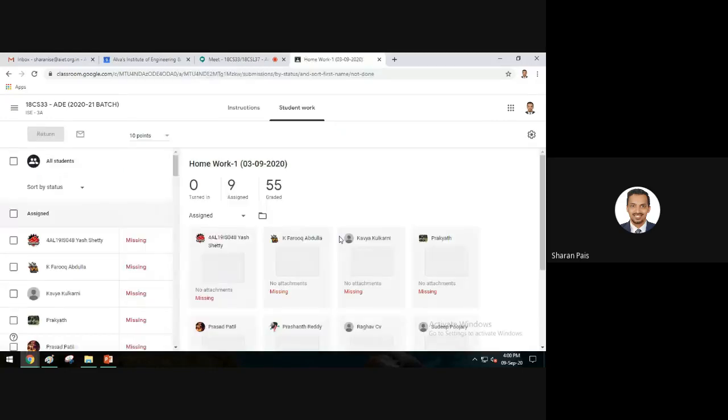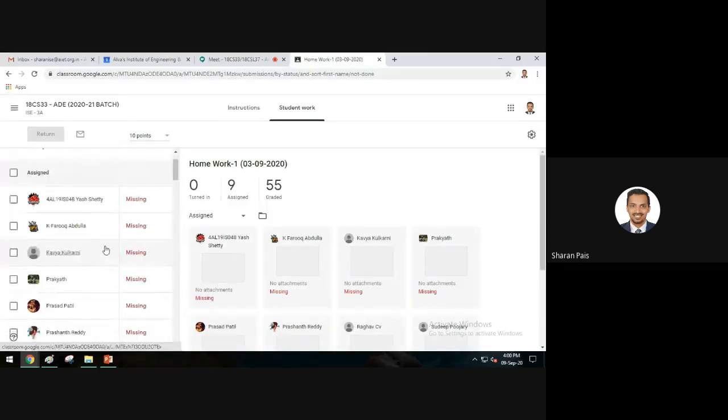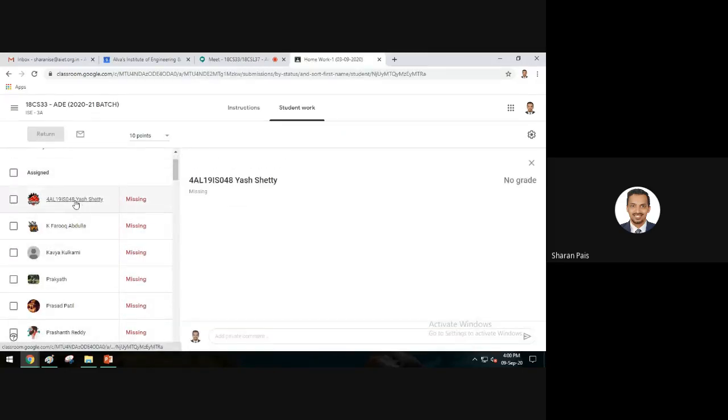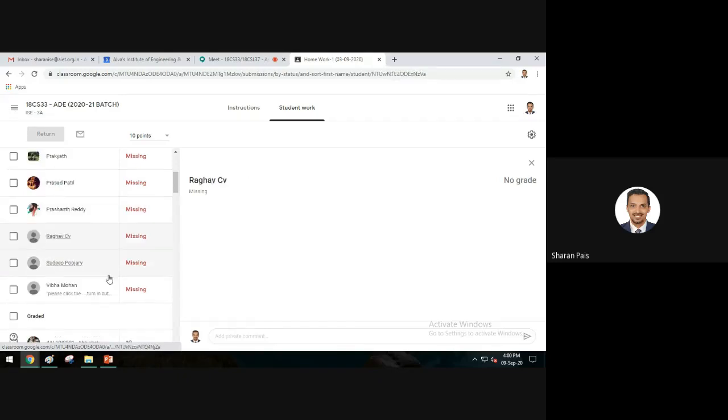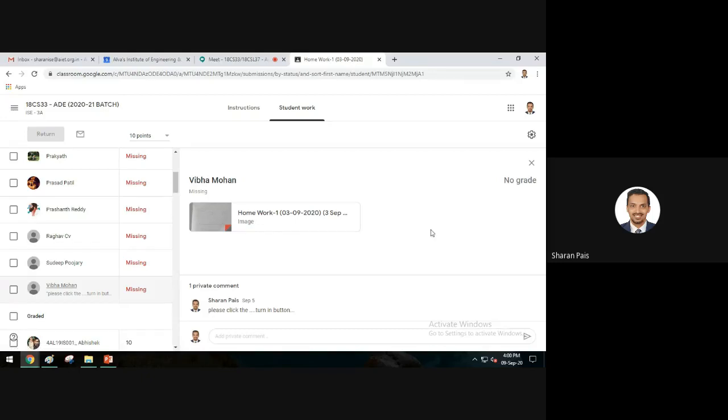The following students didn't submit: Yash Shetty, Farooq Abdullah, Kavya Kulkarni, Prakyat, Prasad Patil, Prashant Reddy, Raghavendra, Sudeep Pujari, and Vibha has submitted, but she has not clicked that Turn in button. Vibha, just go to your classroom and click on that, okay? Otherwise, it will show as not submitted.